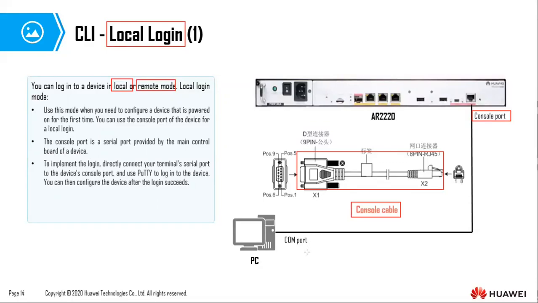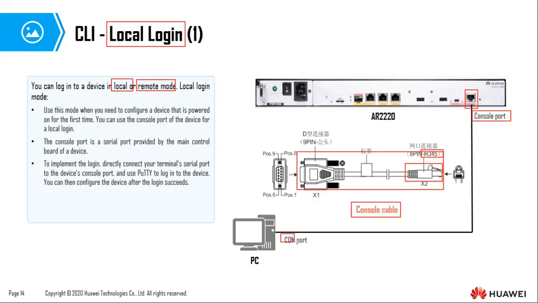Normally, we do that through the console cable. One end of the console cable is simply an RJ45 port. Your router or switch will provide an interface labeled console port that can be used for the initial configuration. So that's where you connect that.